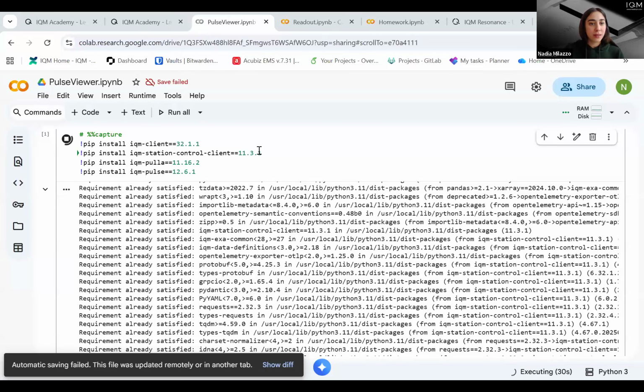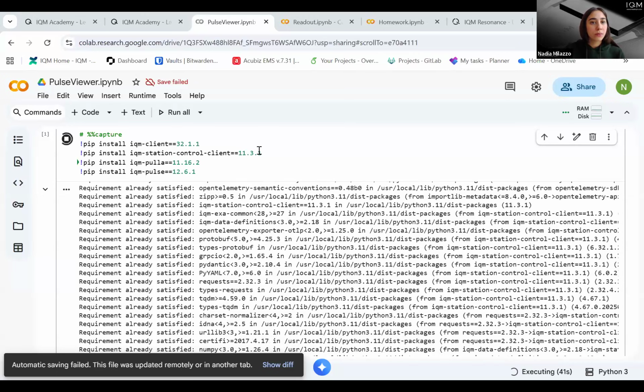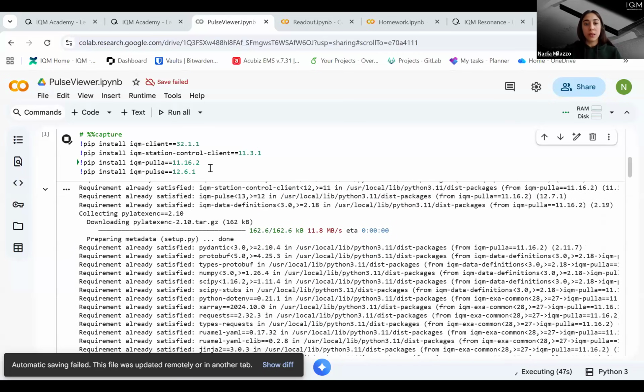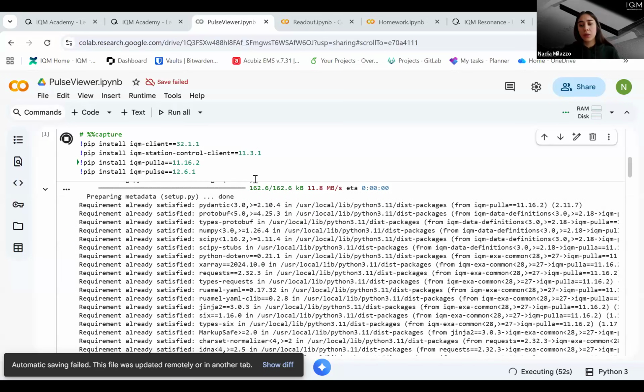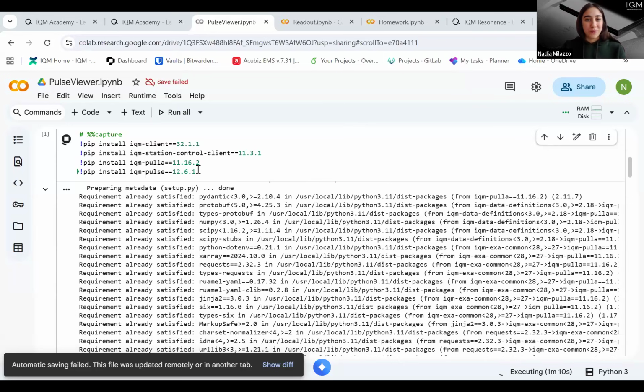I'm checking the chat to see whether there are questions. I don't think so. Okay, and it's installing. You see here I specified actually all the versions of the packages that we are going to use to make sure that the examples work for you too. So hopefully this reduces a bit the errors on the versions of packages that you were facing maybe in the past days.